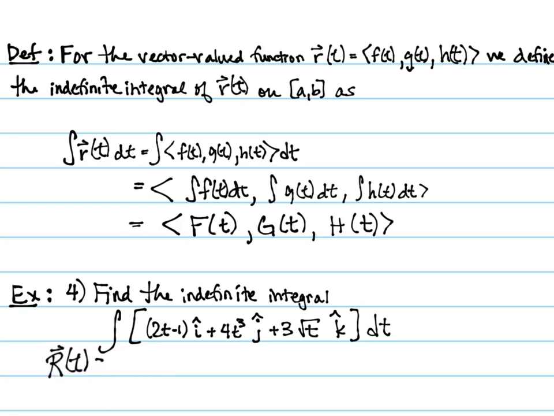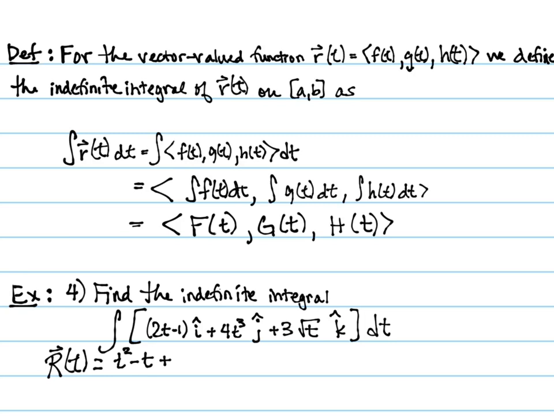All right, so what would we do? Or what would we get even? We'll write in ijk format since it started out that way. How about 2t minus 1? What does that give us if I take an antiderivative? t squared minus t, plus c.